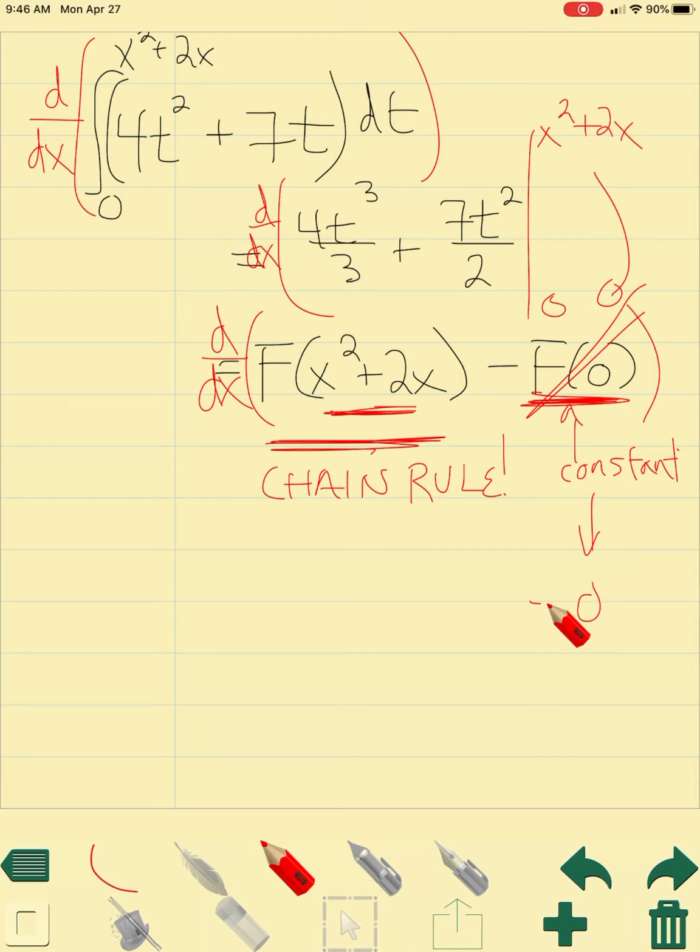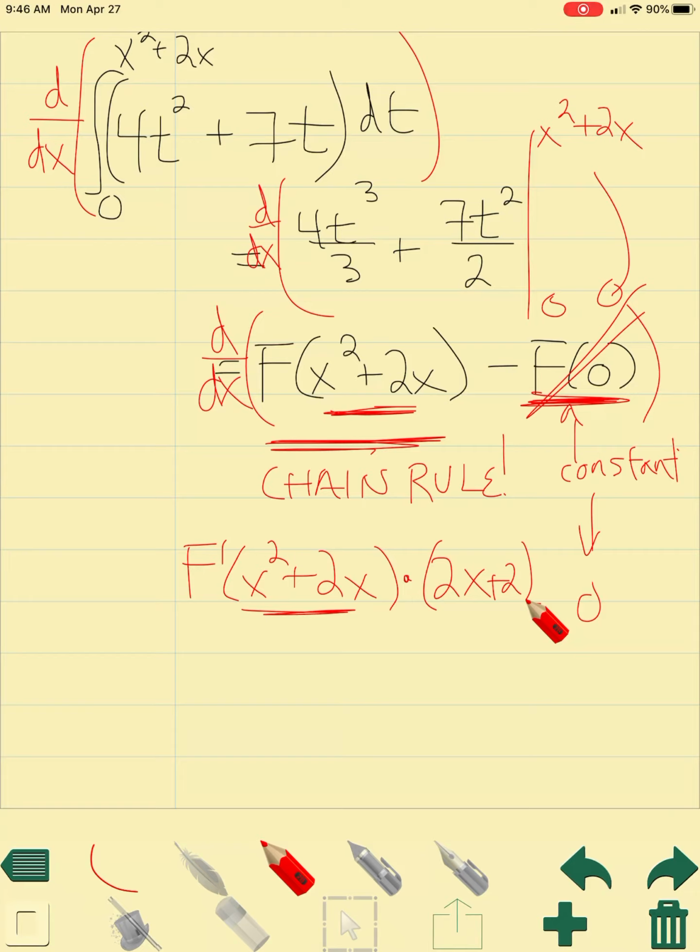So we're just going to get minus 0. But the chain rule says I want to derive this, so this is going to be uppercase F prime of x squared plus 2x. The chain rule says multiply this by the derivative of the inside, which is 2x plus 2.